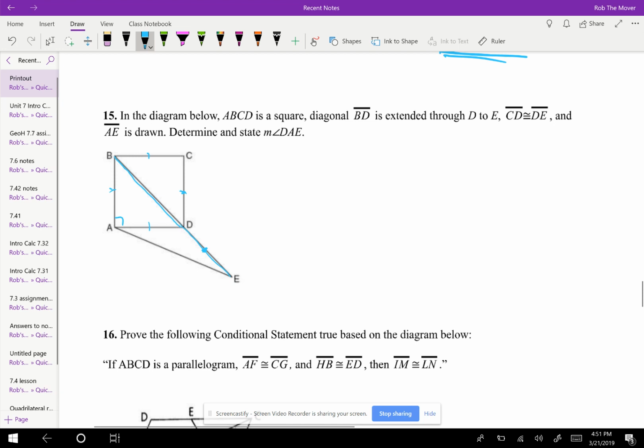And AE is drawn. Okay, we join AE. Now look, when we do that, notice what I've labeled here. If you just take a look at this triangle, what kind of triangle is that? It's an isosceles triangle. If you started labeling as you read through the problem, you'd see that that is an isosceles triangle.